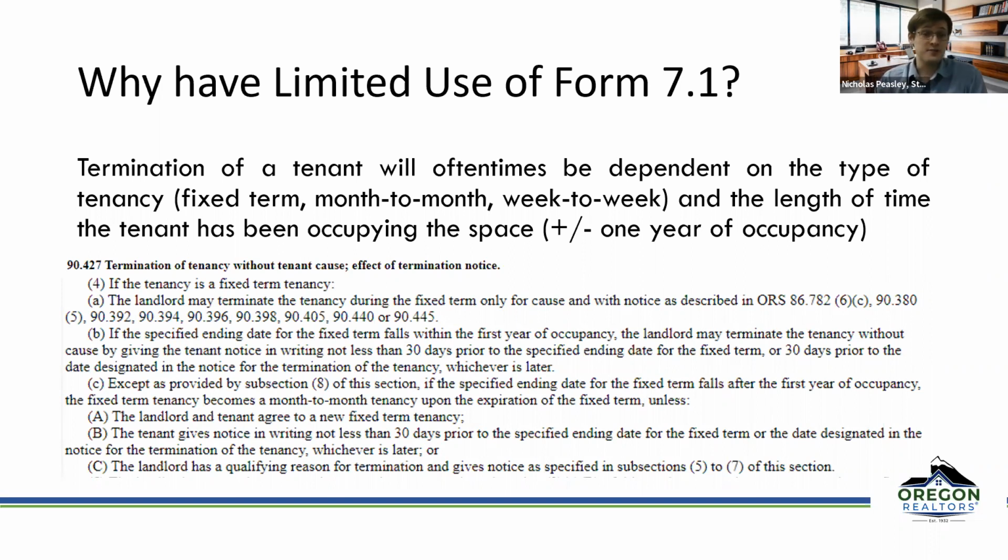The not-for-cause reasons only allow the landlord to terminate at the fixed date. So if you have a fixed tenancy that goes till June 3rd, 2026, the buyer can't terminate that tenant without cause until June 3rd, 2026 has happened. You can give notice beforehand that says, hey, heads up, on June 3rd, we are terminating your tenancy, 3 years from now.